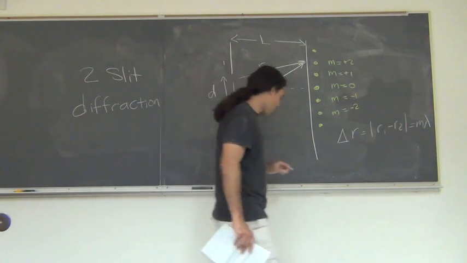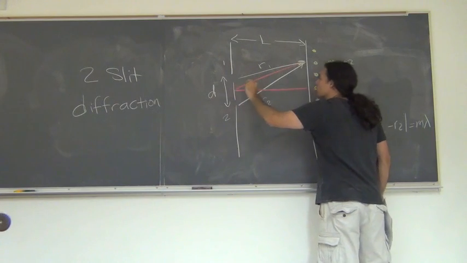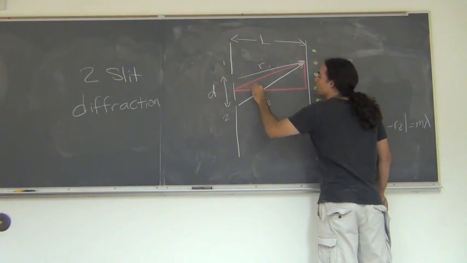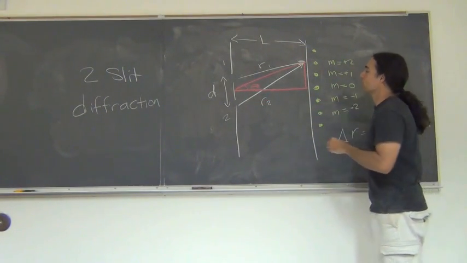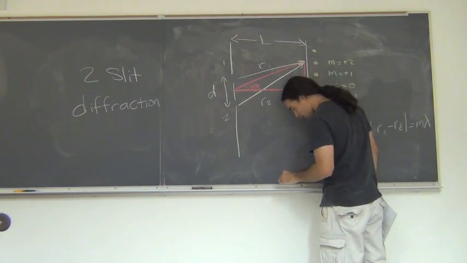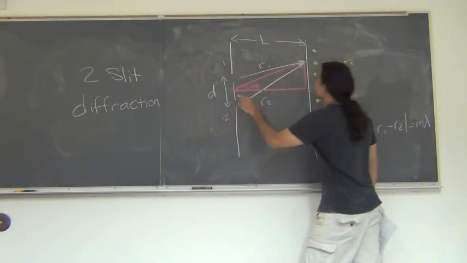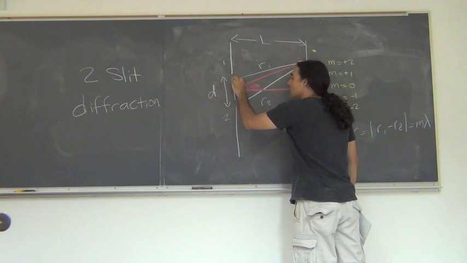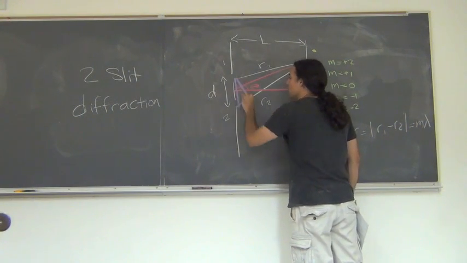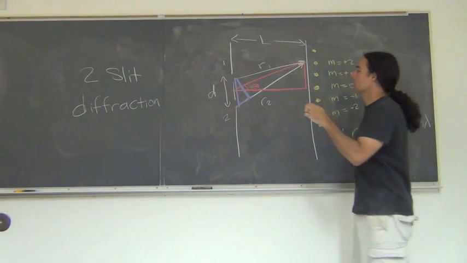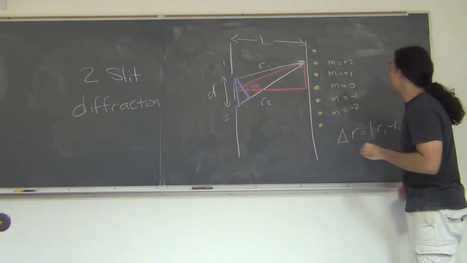In that event, what we can say is that we consider a different line here, a line to the dot from the center of my aperture, the center of my two slits. I'm going to call that angle theta. Well, if that's the case, we can identify a similar triangle to this red triangle. That triangle is right here. We are making an approximation here, and I want to be very explicit about that.